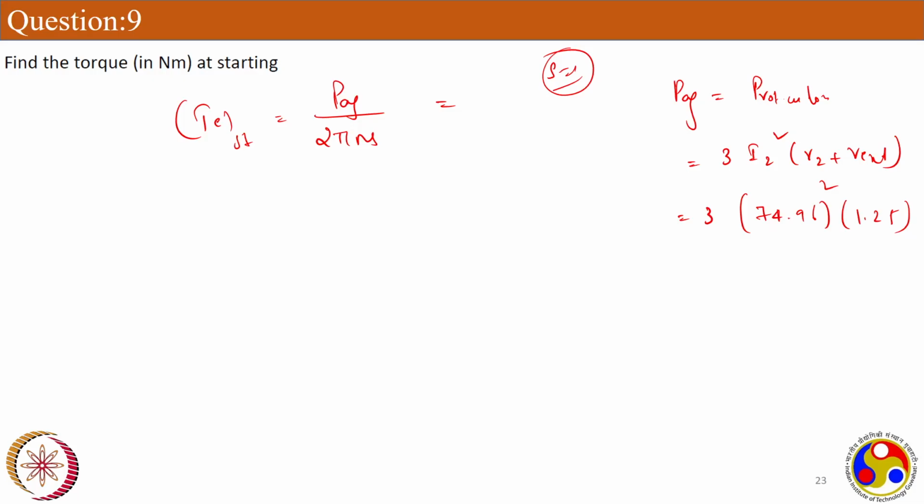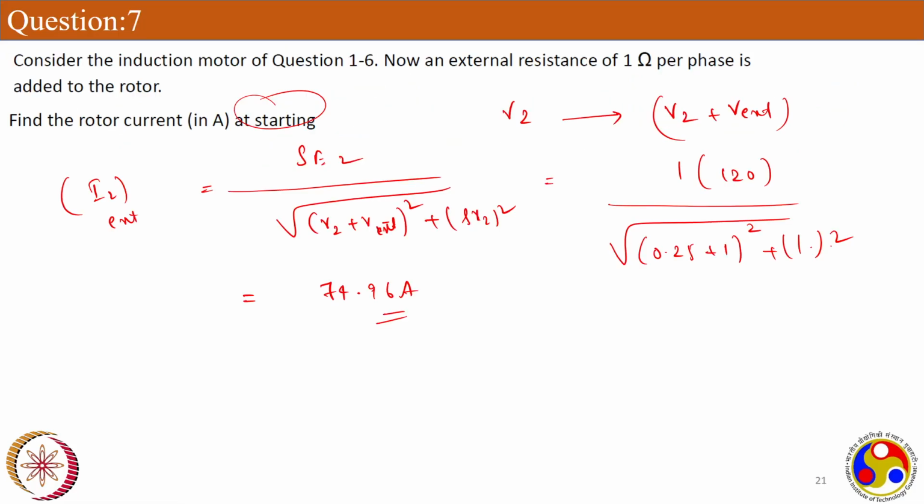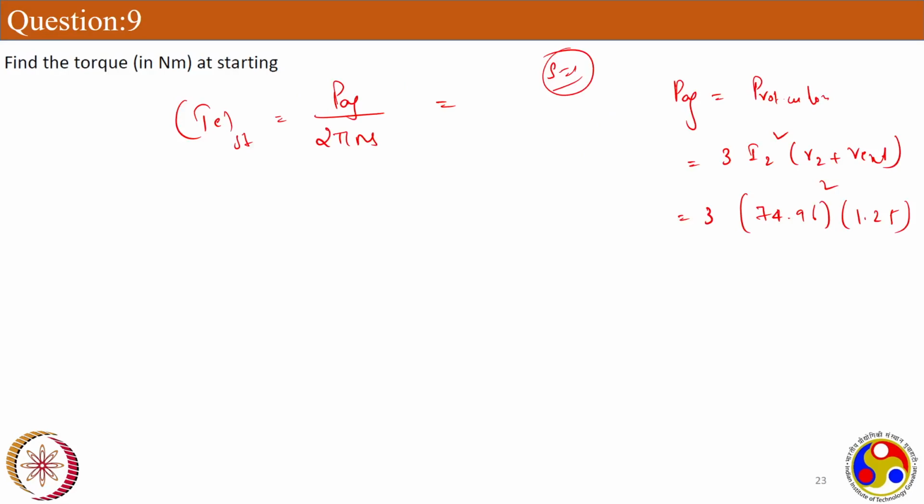Please go to the previous slide where you calculated this current, 74. So it comes to 21.071 kilowatts, the power we got here.